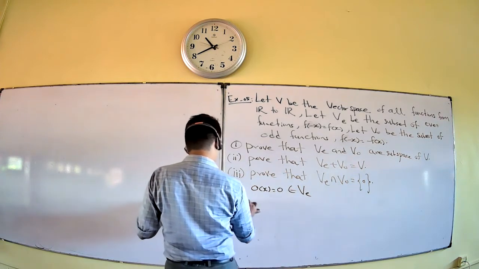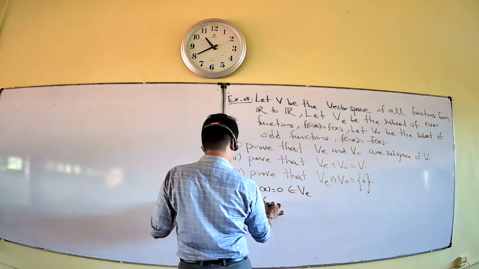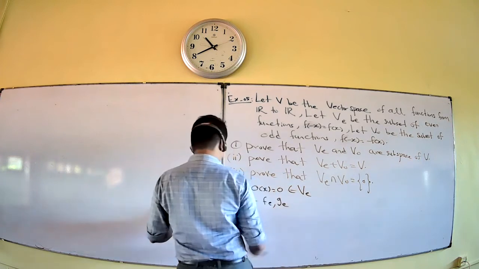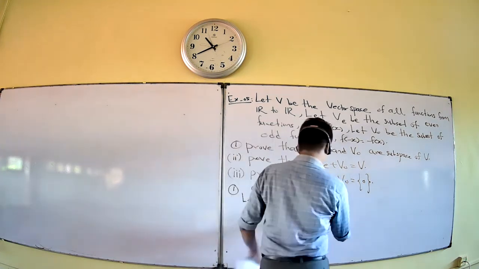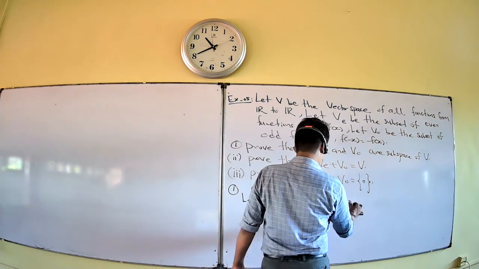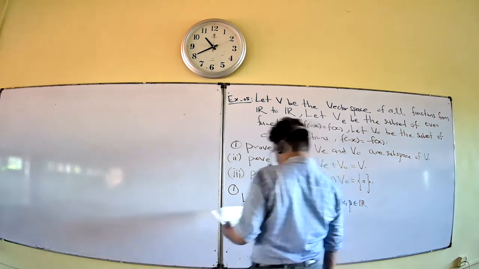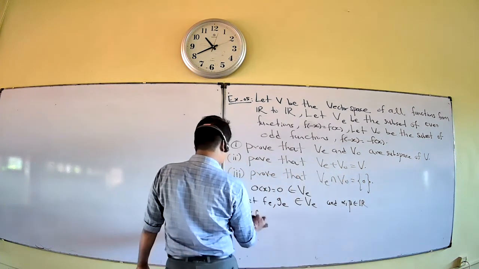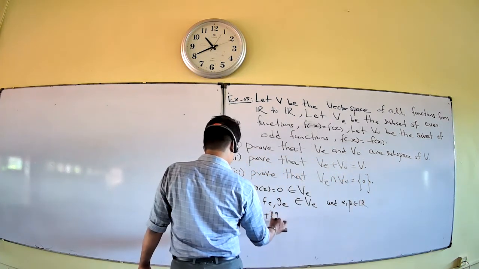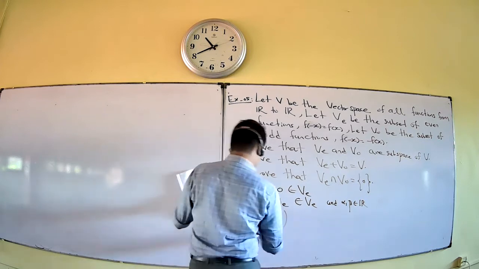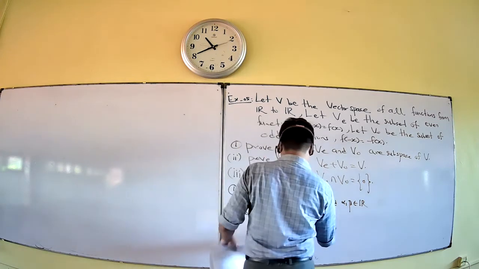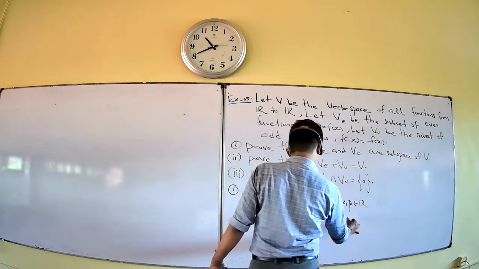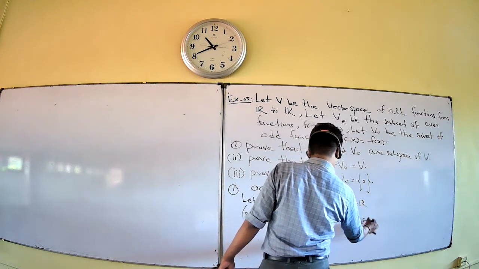Let f_E, g_E belong to V_E, some notation, okay? And alpha, beta belong to the reals. So alpha f_E + beta g_E of minus x is alpha times f_E of minus x plus beta times g_E of minus x.